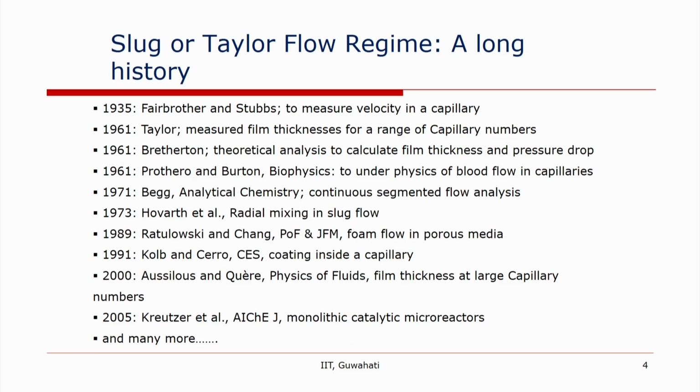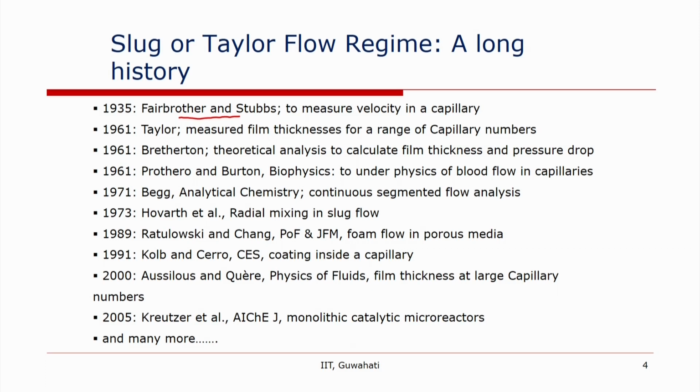Okay, so a little bit of history. It is almost 80 years ago, at least that is where I could find, that Fairbrother and Stubbs looked at understanding the velocity of bubbles in a capillary.